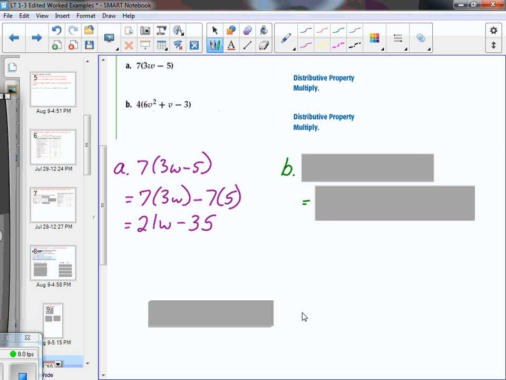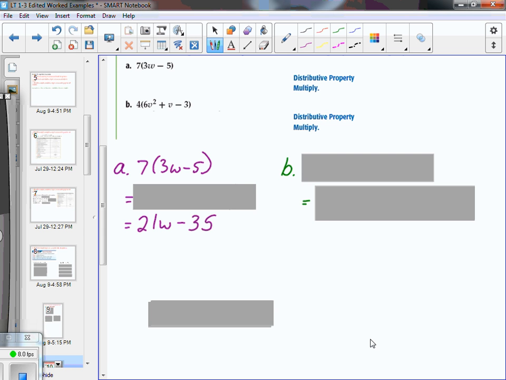Now, we talked also yesterday about how sometimes you can do a step in your head and not write it down, and that's not skipping a step, it's just mental math. Could I have done that step right there in my head? If you can't yet, you need to work towards being able to do that step in your head.